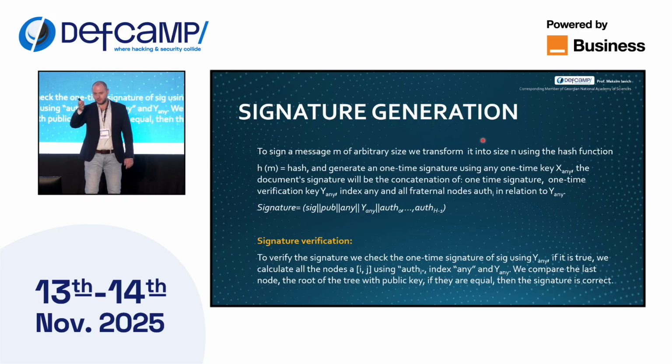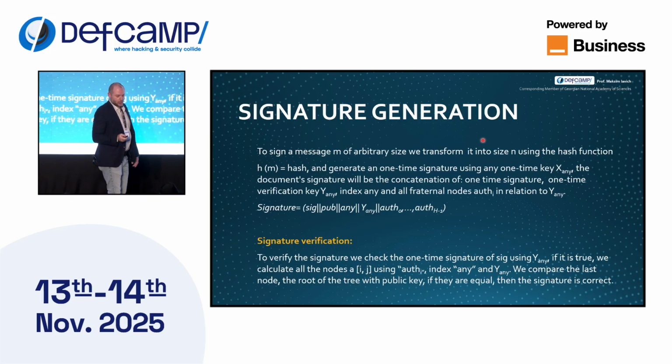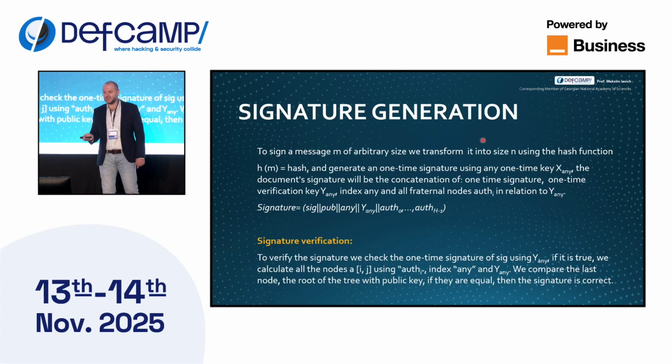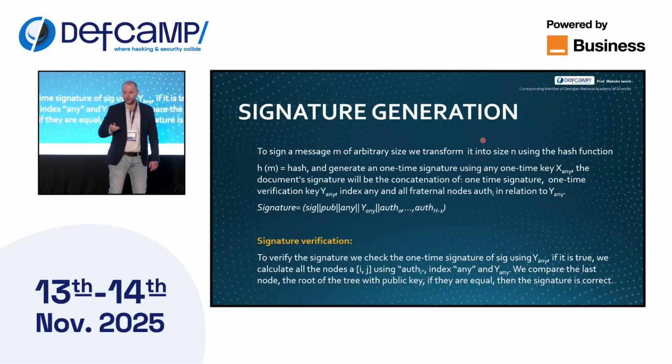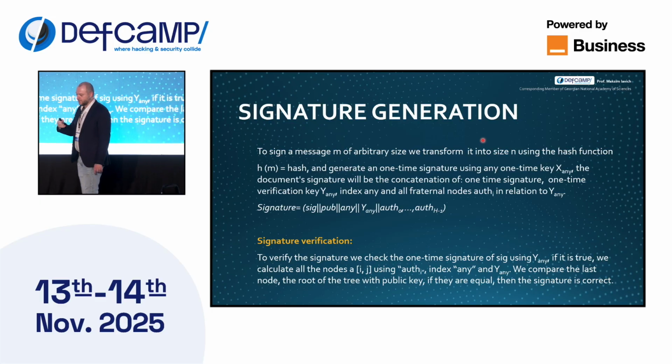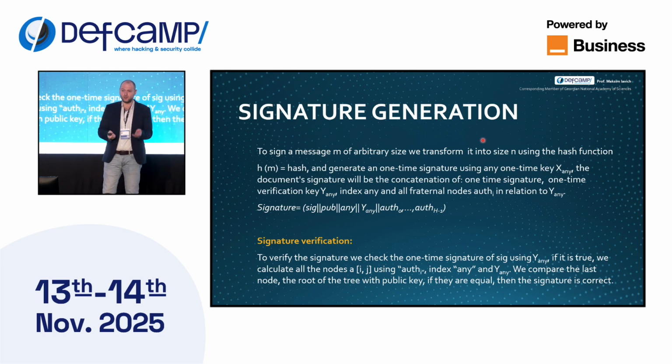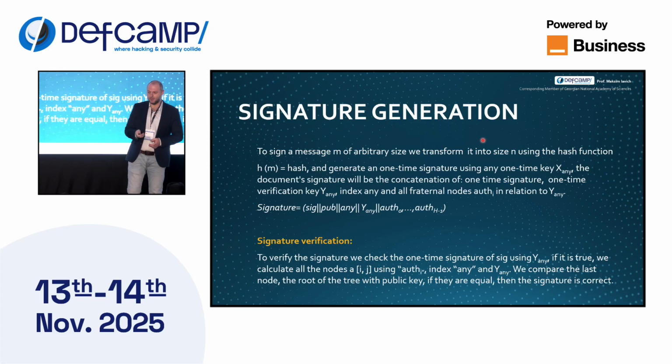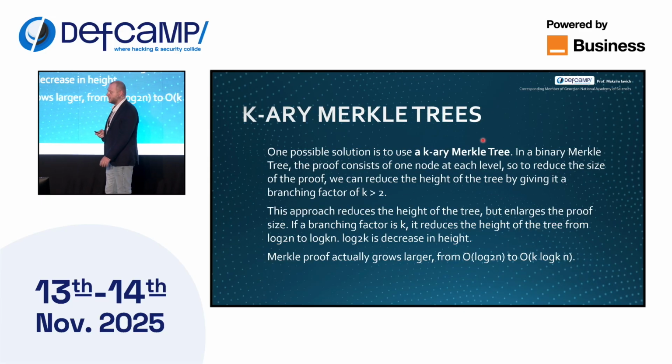Afterwards, we generate the tree, and our signature consists of one-time signature, public key, the index where from we began, this node where from we began, and all the brother nodes, so-called flatter nodes. To verify the signature, we check one-time signature, and afterwards, using the flatter nodes, we verify the public key. If both are correct, it means that the signature is verified.